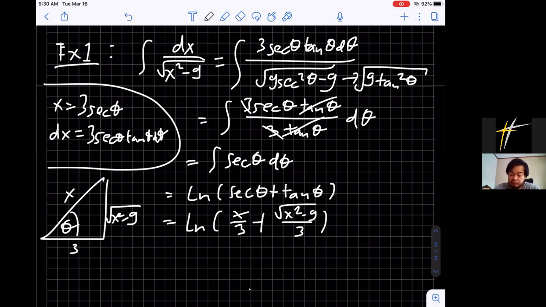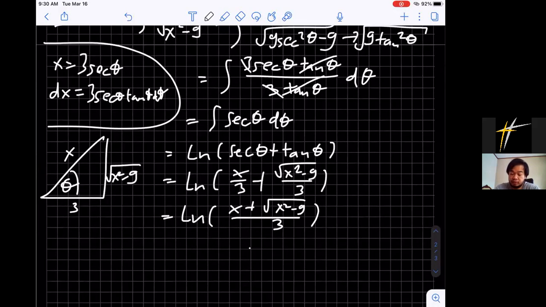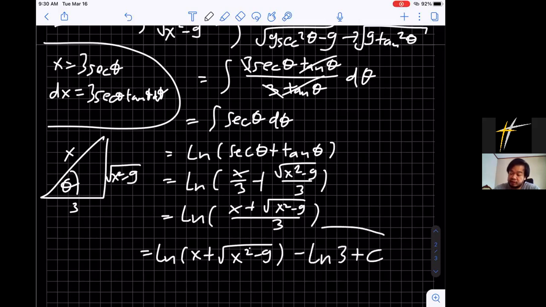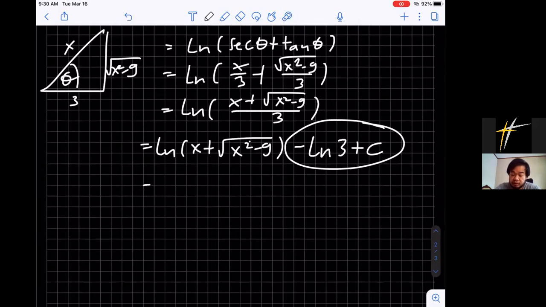Yeah, so if we simplify, then it's equal to ln of x plus square root of x squared minus 9 over 3, and then we can separate it into ln of x plus square root of x squared minus 9 minus ln 3 plus c, and this can be combined as a constant, so the final result will be ln of x plus square root of x squared minus 9 plus c.